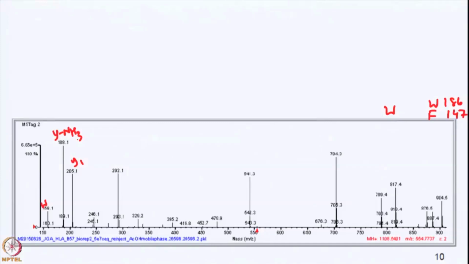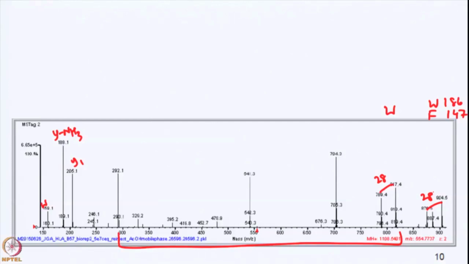All right, we don't have a whole lot of symmetry here, so we don't readily have BY pairs, do we? Maybe 292, I guess we do have one. Then the mass difference between these is 28. The mass difference between these is 28.